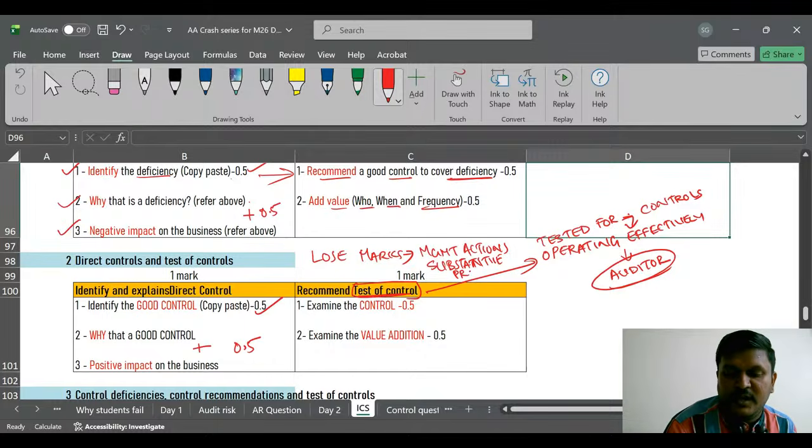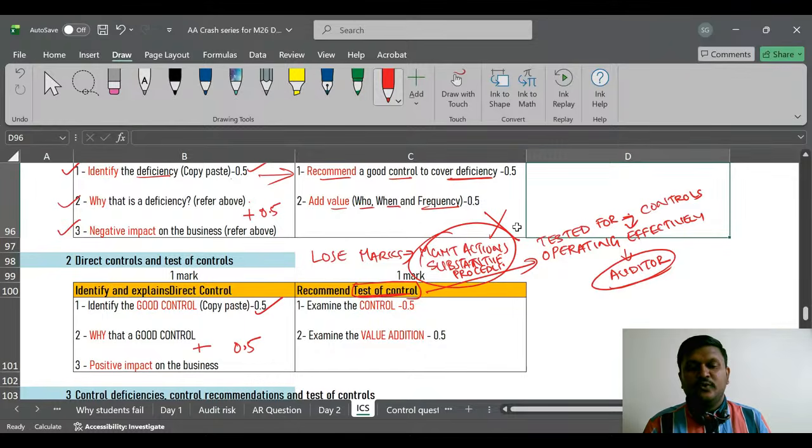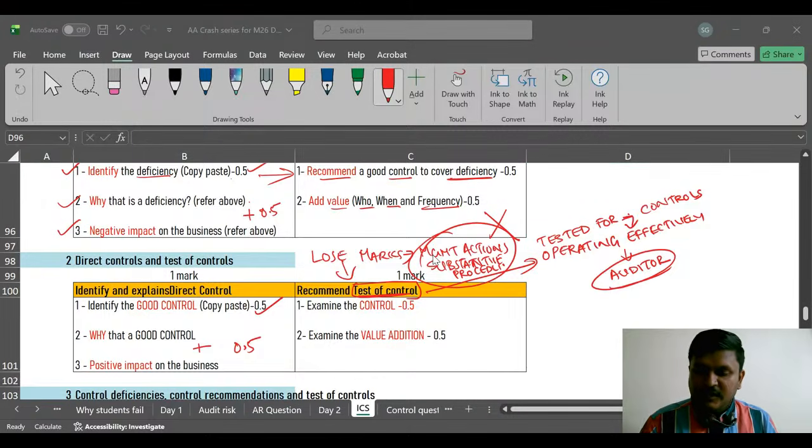You will lose marks there too. So this should not be done in the recommendation of the test of control. You will lose marks in the test of control if you give a management action or substantive procedures. Clear for you guys?